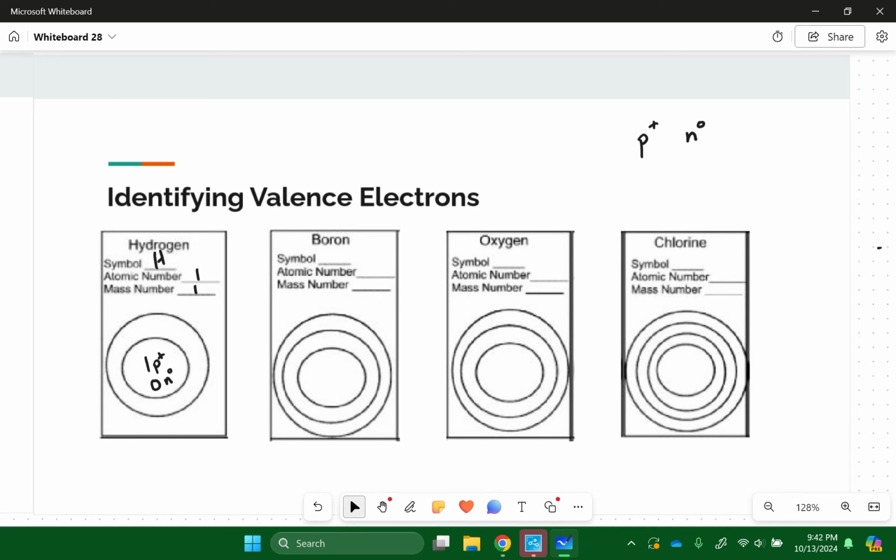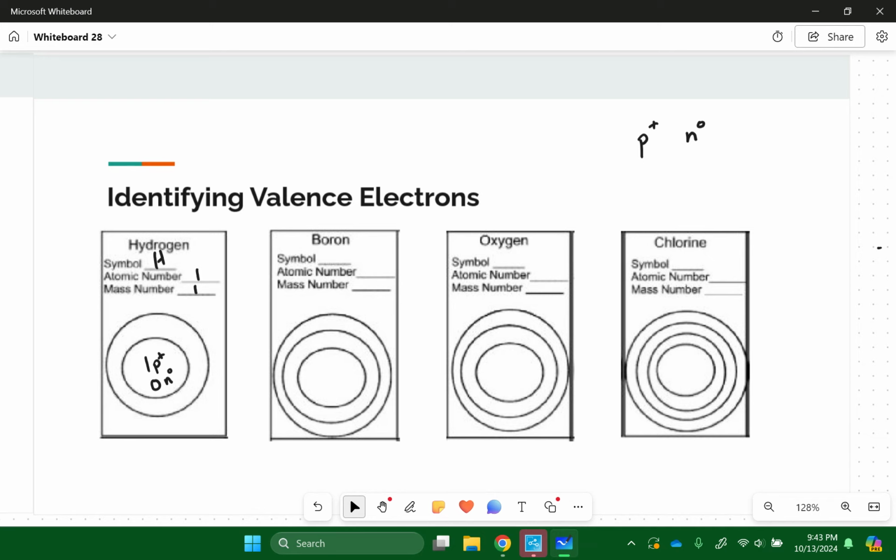Now I've got to add electrons. Remember, we're still only talking about neutral elements. So if it's got an atomic number of 1, meaning it's got 1 proton, it also must have 1 electron. So I'm going to put my 1 electron on the lowest available energy level.